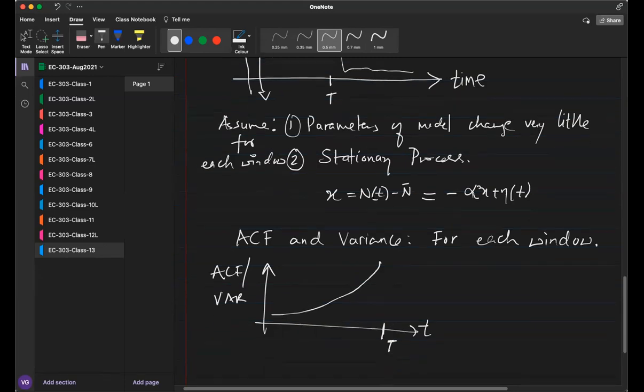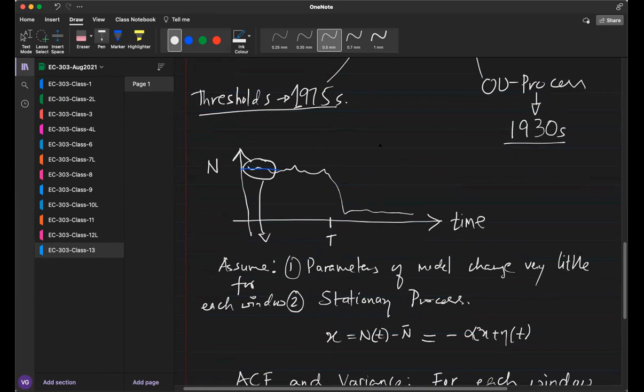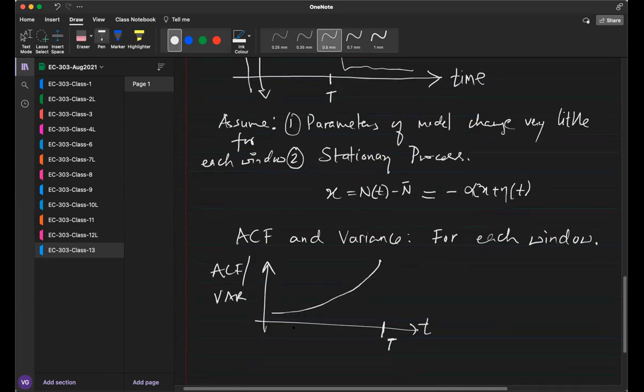So for each window, you're assuming a stationary process, and you're assuming that the parameters are slowly changing, and the combination of the two and our knowledge of thresholds and the OU process, all of that put together, we arrived at these conclusions.